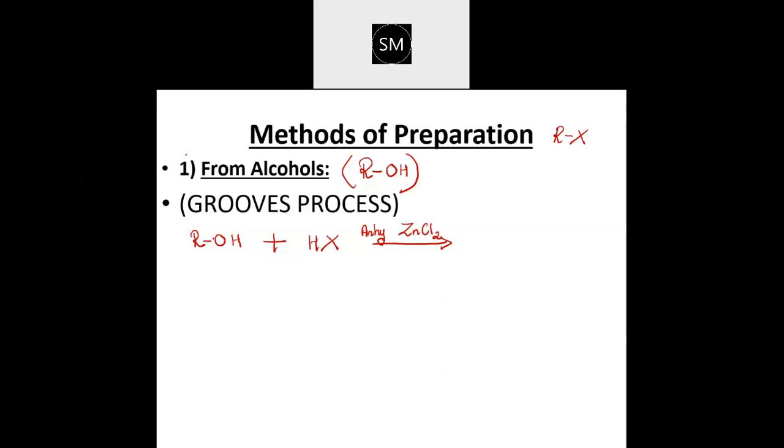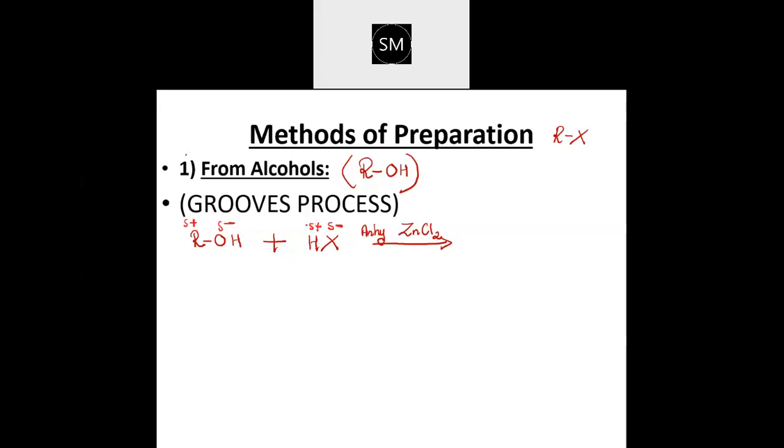O. Agree? OH is one negative ion, correct? So OH will carry partial negative charge, R will carry partial positive charge. Between H and X, X is more electronegative, so X will carry partial negative charge and H will carry a positive charge.